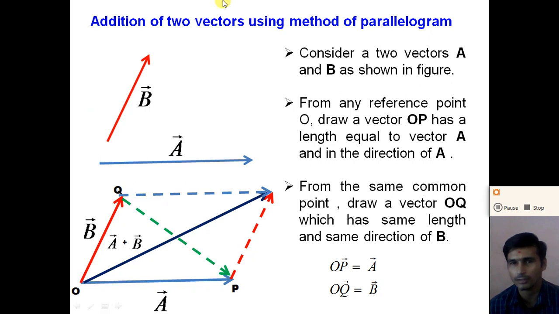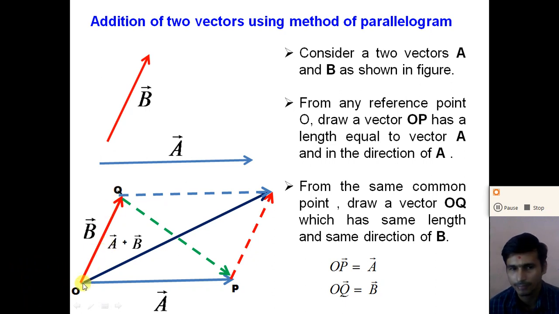So from any reference point O, draw a vector OP which has the same length as the vector A and the same direction as the vector A, similar to the previous topic, right? Now draw a vector OQ from the same common point.